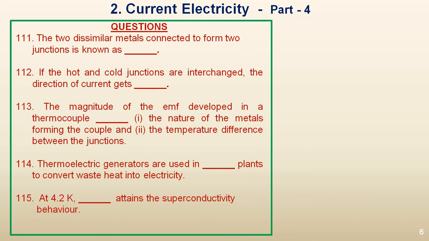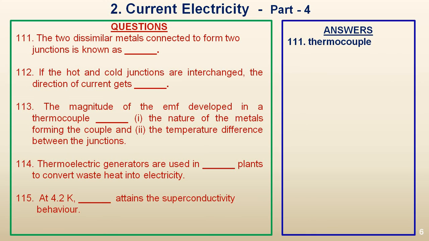Now we are going to see the answers to the question number 111 to 115. Question number 111. The two dissimilar metals connected to form two junctions is known as a thermocouple. Question number 112.